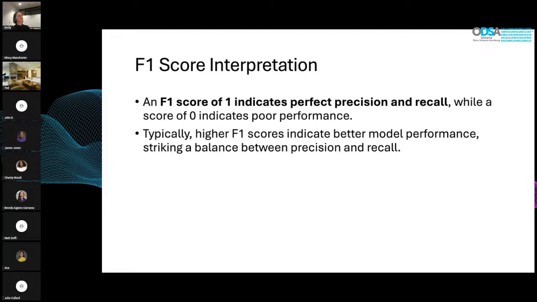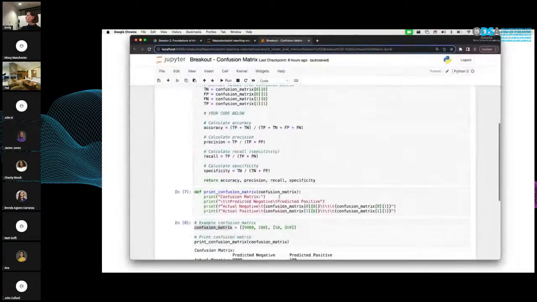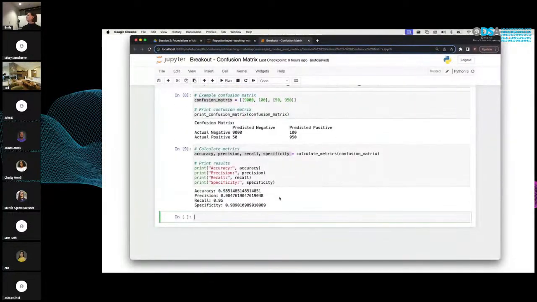But you do have, like in our example below, the values that are 90% precision and 95% recall. Multiply those together. Since they're both high, it's going to go towards 1.